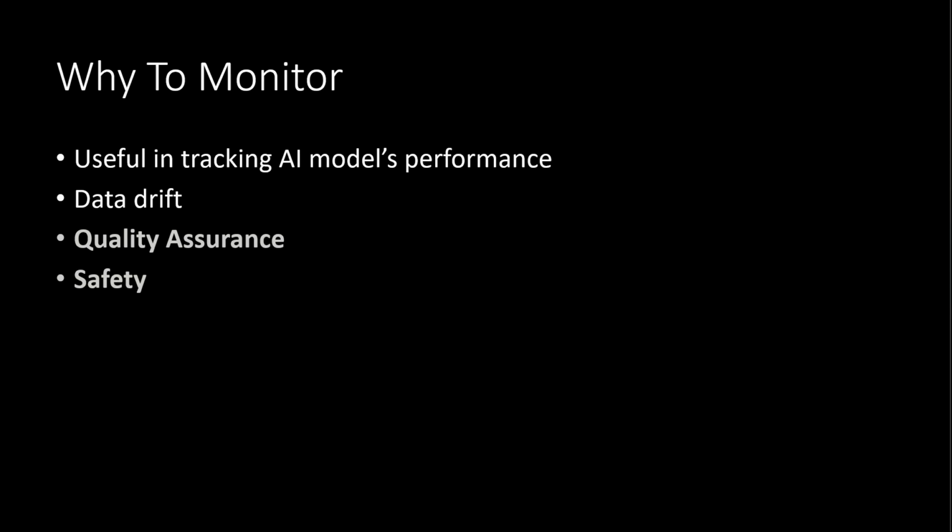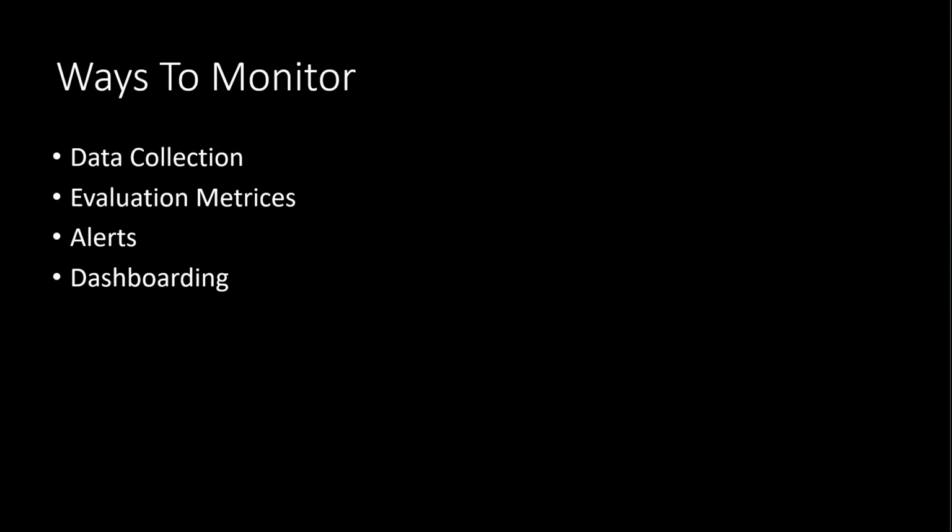That's the reason why, for a generative model, safety is very crucial, and monitoring can help us to identify harmful or inappropriate content which is generated by the model. Another thing is business impact. Like I said earlier, if your model is outdated, then it could have a negative impact on your business outcome. So monitoring ensures that the model remains effective.